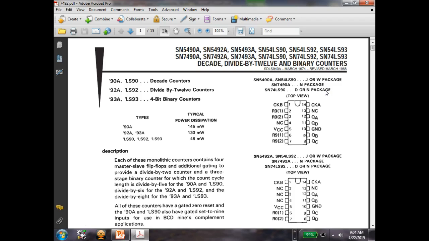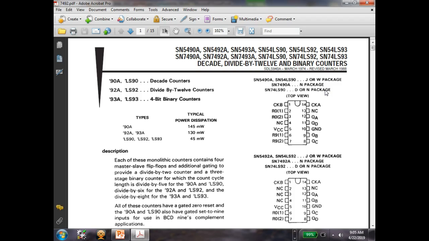So if you get above 5.25 or below 4.75, your outputs are no longer guaranteed. Military grade is 5 volts plus or minus 10%. So it has a wider range. So military grade has better specifications. They cost more money, right? You understand that? The 7400 series is what we call commercial grade. This is the one that we're using.